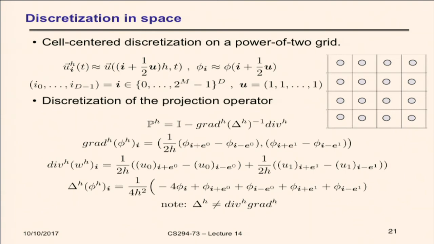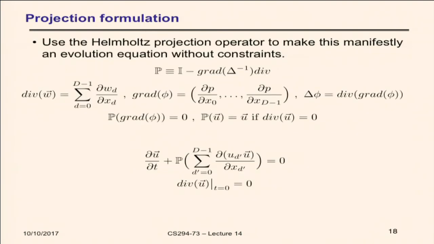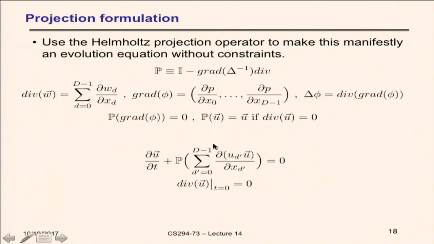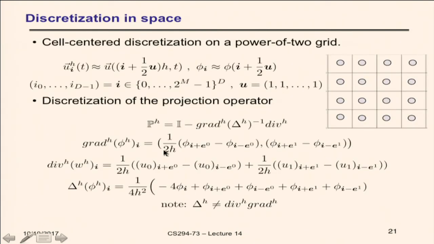What about this projection operator? So again, we go back here. This is my PDE written as a pure evolution equation. I need to evaluate P, then I can evaluate my right-hand side. So how do I evaluate P? Well, I just follow my nose. I know how to compute a divergence using center differences. I know how to compute a gradient using center differences.